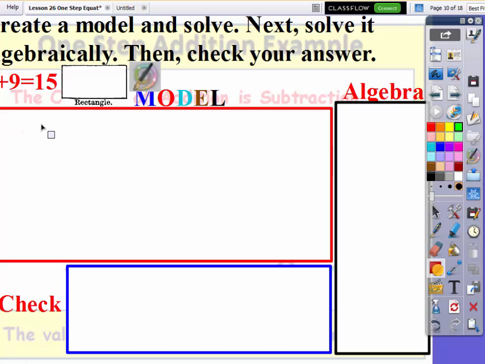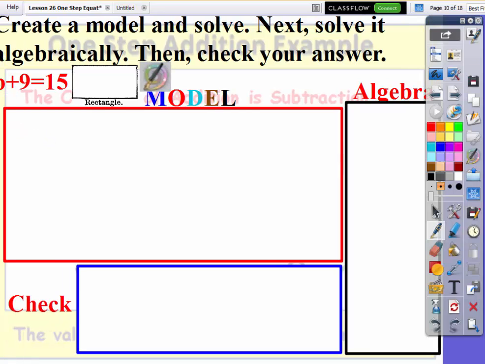And I'm just going to draw, oops, I need to change my color. Oh, I know what it is. Here we go. I'm just going to use my pen. I know my problem is going to be equaling 15.